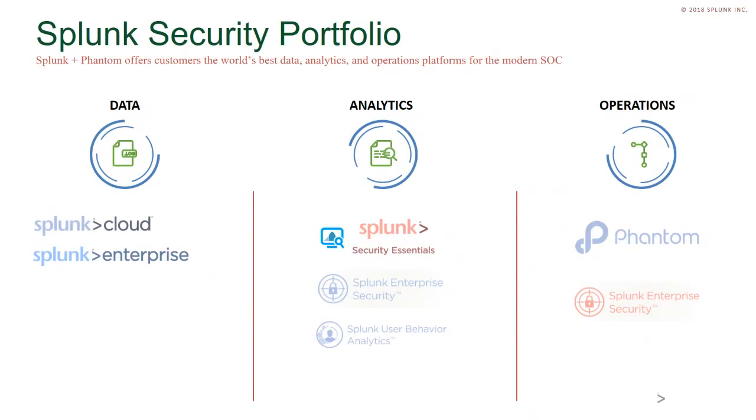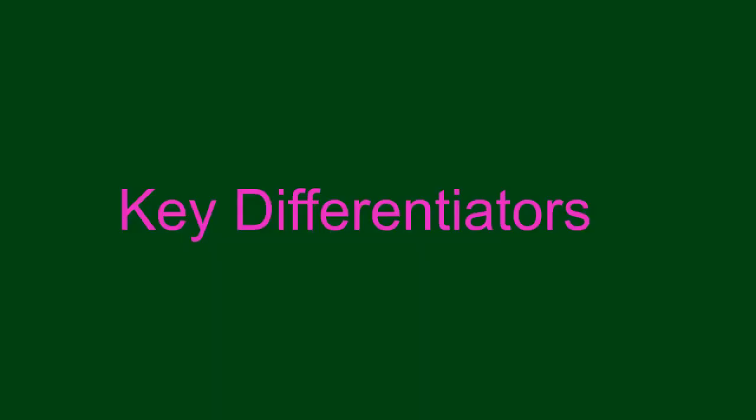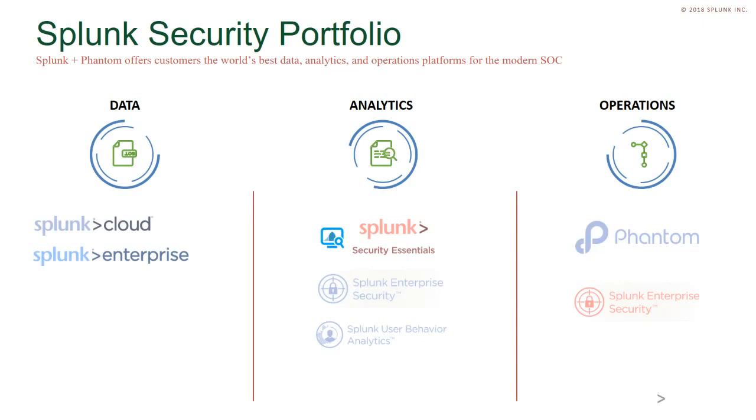Okay, so then you come to analytics. Splunk Enterprise Security is a Magic Quadrant leader from the last 7 years. Splunk Security Essentials is a free tool where you can see all the use cases around the different standards available in the current industry.